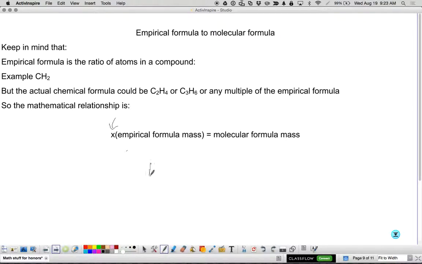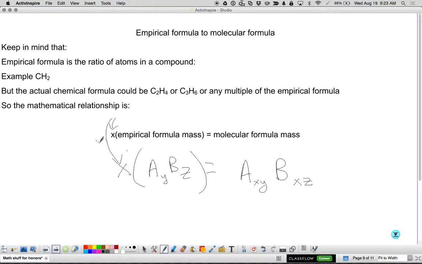If I do a to the y and b to the z, and I take that to the x, here's my adjustment factor, my multiple. That's going to be a to the xy, b to the xz. So this is my molecular formula, here's my empirical formula.